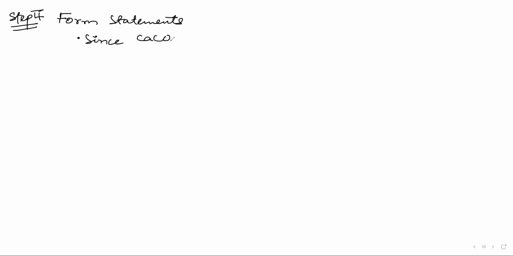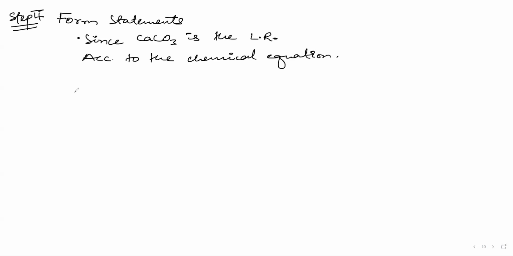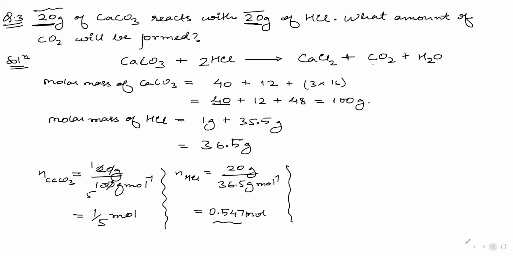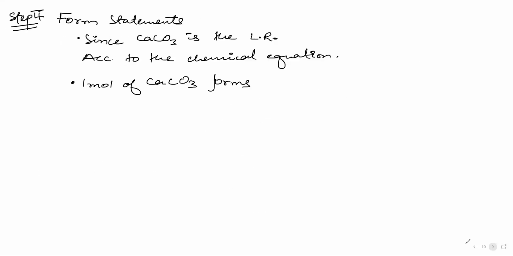Since CaCO3 is the limiting reagent, according to the chemical equation, 1 mole of CaCO3 forms 1 mole of CO2, right? Yeah, 1 mole of CO2.